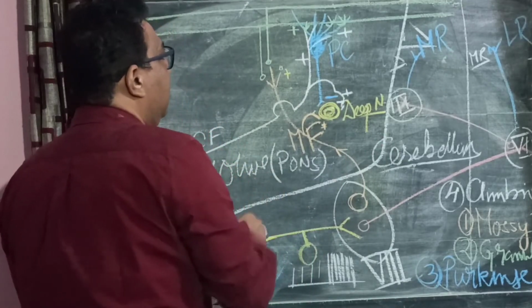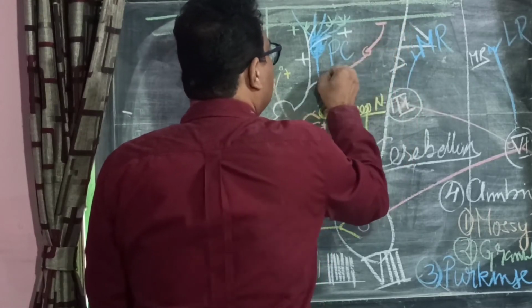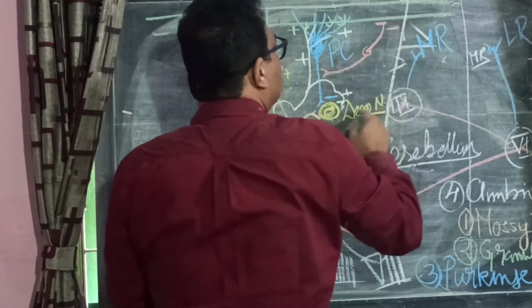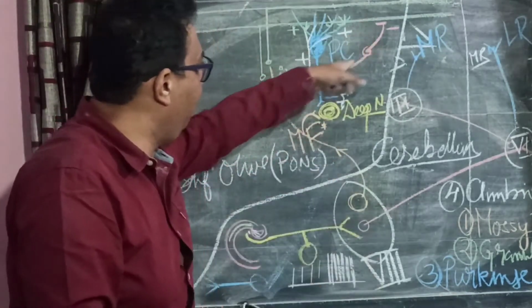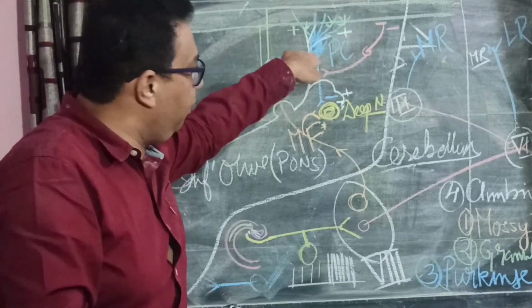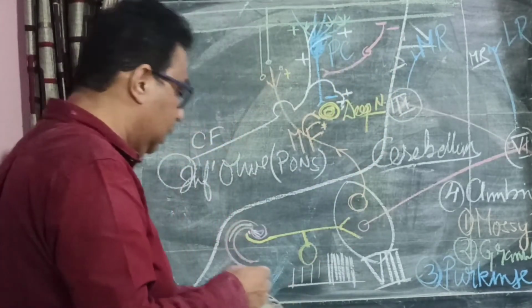Moreover, here there is a presence of inhibitory interneurons, basket cell and stellate cell, which provide self-inhibition and also lateral inhibition on other Purkinje cells.